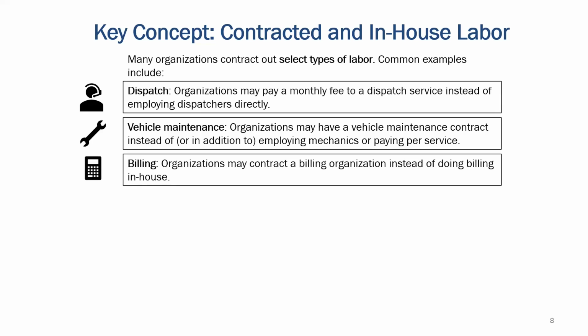Many organizations also contract out billing and hire another company to handle billing for ground ambulance services. In each of these cases, the dispatch organization, the vehicle maintenance organization, or the billing company will have their own staff. And as we'll cover in a second, you should report the total amounts you pay to these contractors, but you don't need to go and ask them to provide detailed information about hours worked or total compensation.